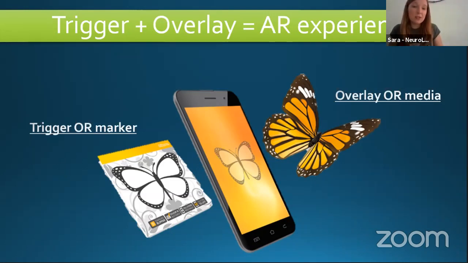Okay. So to have a marker or a trigger, you would need to take a photograph of the front cover of your book. Everyone can take a photograph with their phone nowadays. The only thing you need to be aware of is that you need to transfer that photo to your computer in any way you wish.